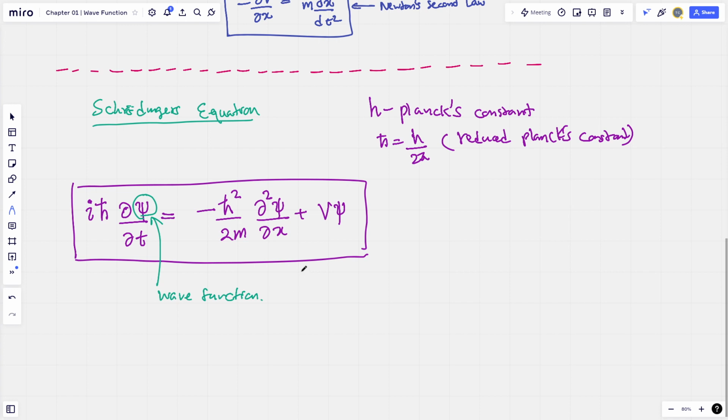For a macroscopic object, we use a position function, but at the microscopic level we need to use a wave function, which is a function of position and also time.